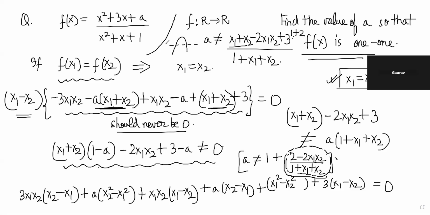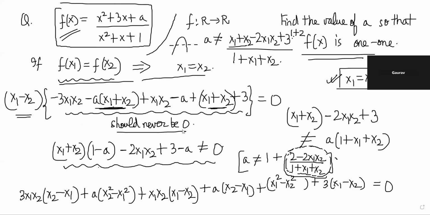So the normal way to do it is f dash x, check f dash x, right? If you check f dash x, it should be either completely positive always or completely negative always. Right now, by doing the basic definition, we are not getting something nice because x1 and x2 are random values.